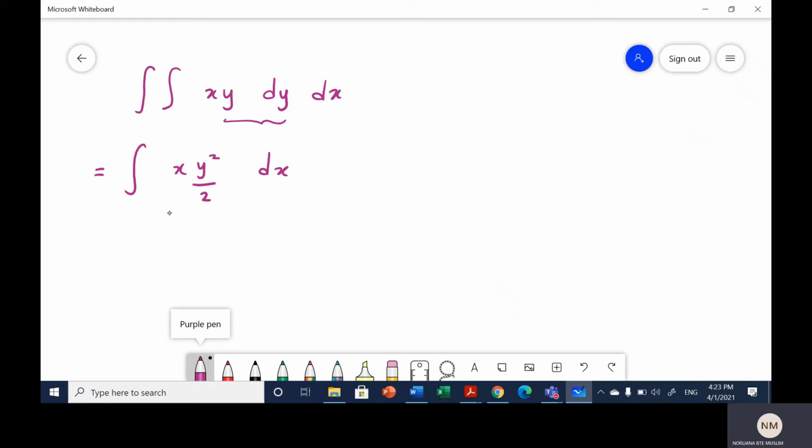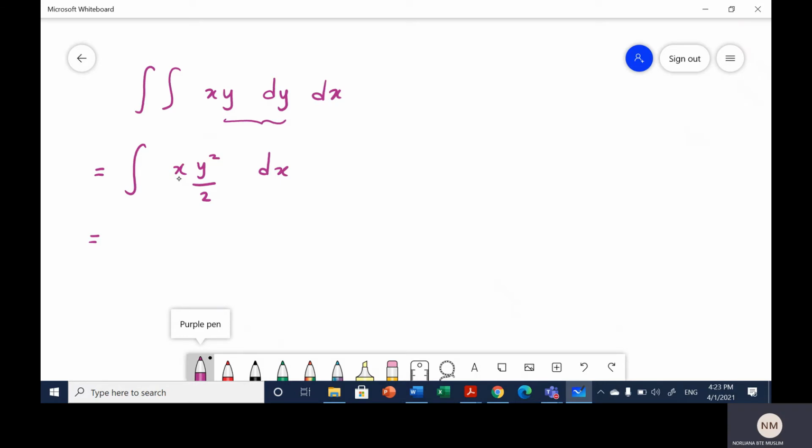At the first part here, we do the integration with respect to the y variable, and then we continue to integrate with respect to the x variable. Looking at this x variable, the other part will be assumed as a constant.